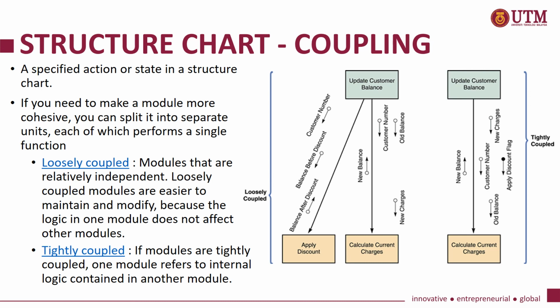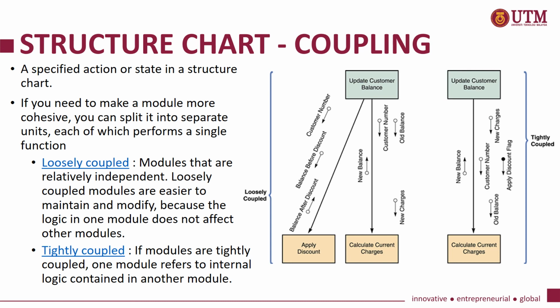Loosely coupled modules are relatively independent. They are easier to maintain and modify because the logic in one module does not affect other modules. If a programmer needs to update a loosely coupled module, he or she can accomplish the task in a single location. Okay, next is tightly coupled.